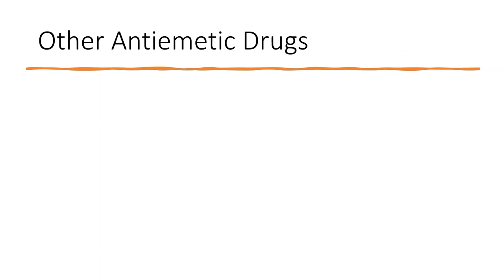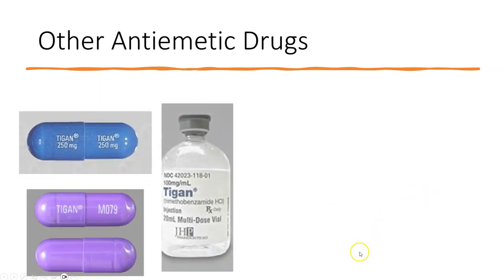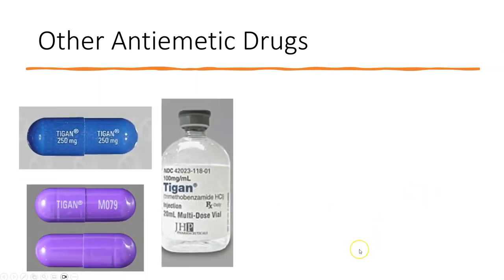I'm a little bit not 100% in agreement with the way the author does that, but it depends on where your reference materials are from. Your book also talks about the drug trimethobenzamide. Trimethobenzamide is known by the brand name of Tigan. Tigan also comes as suppositories. It comes orally and it comes injectable. These are going to inhibit or block that chemotrigger zone.